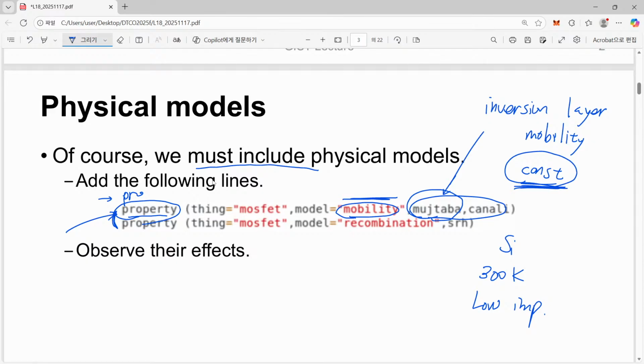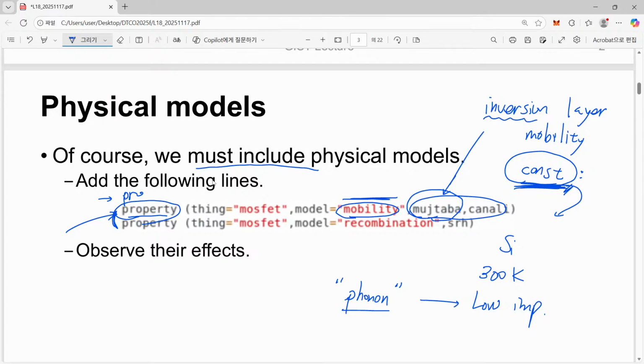If we have a low impurity density, then there is no effect from impurity scattering, and usually in this case the so-called phonon scattering mechanism determines the mobility. So when we say constant mobility model, it's more or less like we are using just a phonon limited bulk mobility. But this mobility is not for our inversion layer.